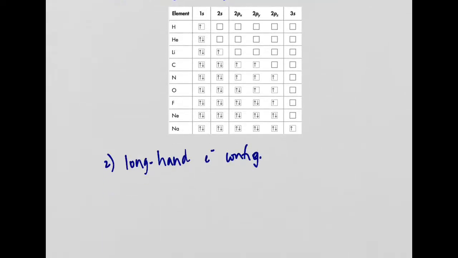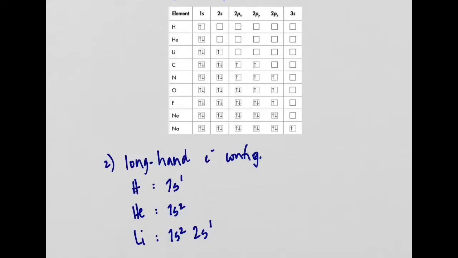It would be something like 1s1. For hydrogen, it would be 1s1. For helium, it would be 1s2. For lithium, it would be 1s2 2s1. We're not drawing any arrows or boxes, we're just writing out all of the letters and the locations.